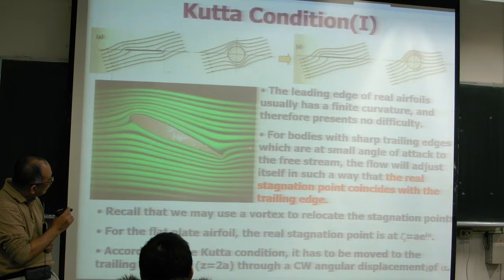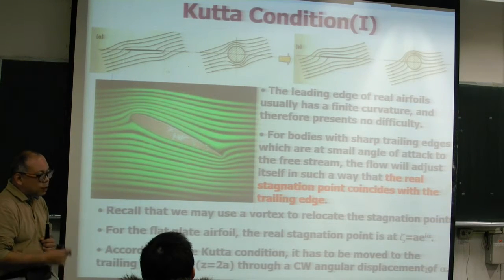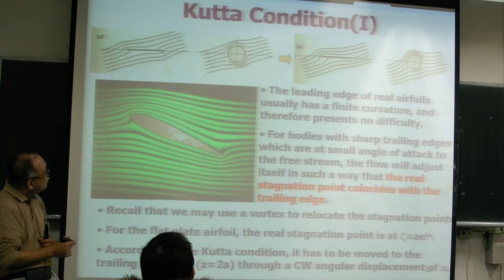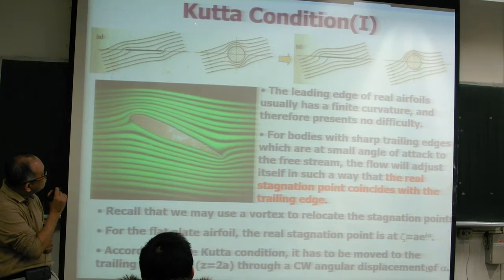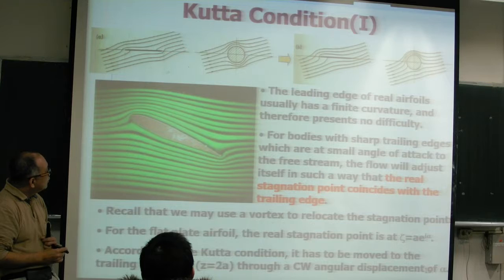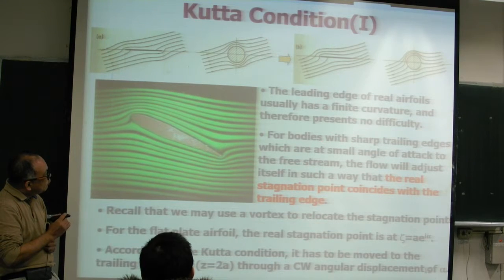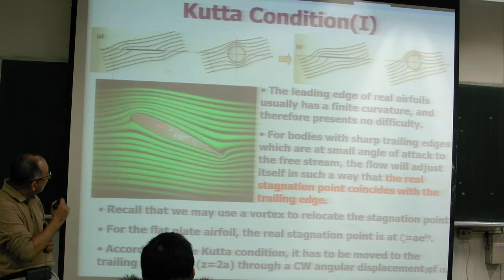This is separation here. So it is very close to the trailing edge. That's similar to what we did by applying the Kutta condition. The Kutta condition is for a body with a sharp trailing edge, like here, with a small angle of attack. This is with angle of attack.